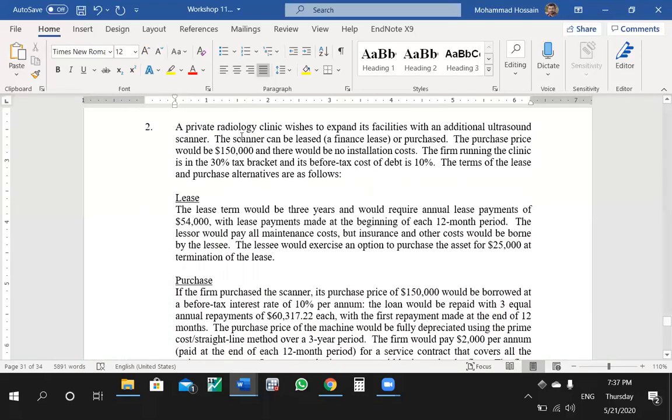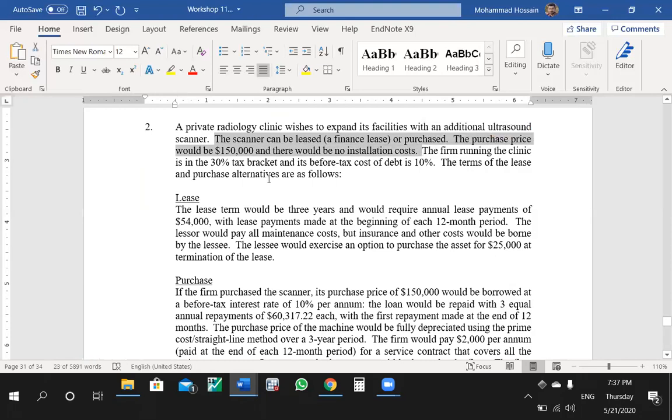A private radiology clinic wishes to expand its facilities with an additional ultrasound scanner. The scanner can be leased, a finance lease, or purchased. The purchase price would be $150,000 and there would be no installation cost.